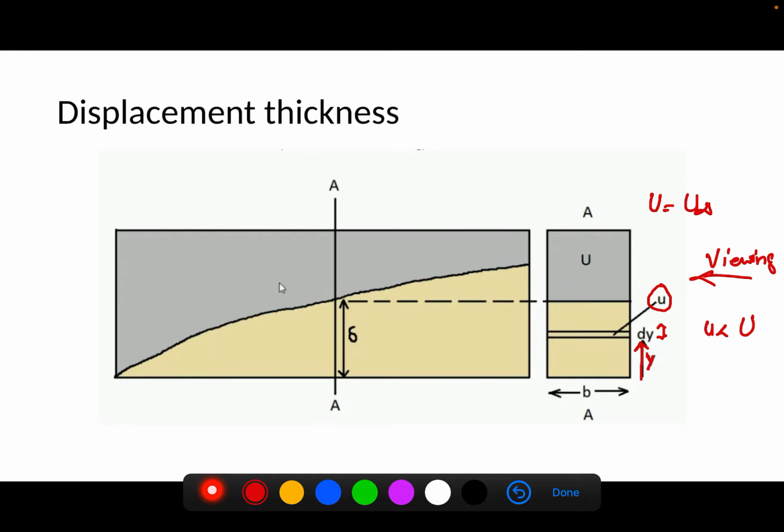Next we have to find how to calculate the mass flow rate coming out through the strip.